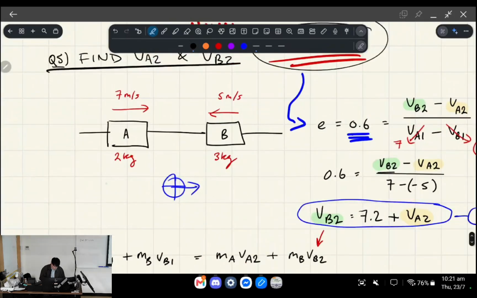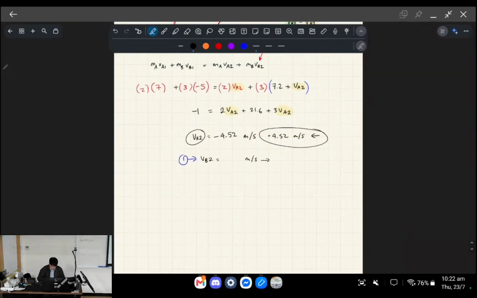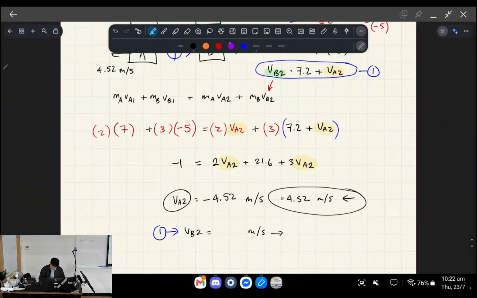So that makes sense, because after the collision, you'd expect box A to move to the left, and the amount it moves to the left is 4.52 meters per second. Then after the collision, for B, you'd expect it to move to the right. We're going to verify that by plugging it back into this equation.